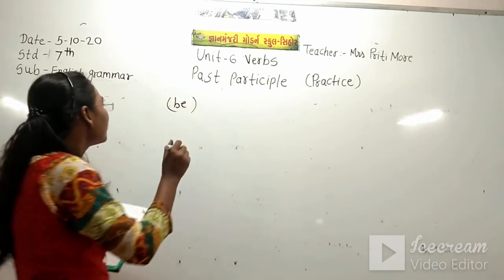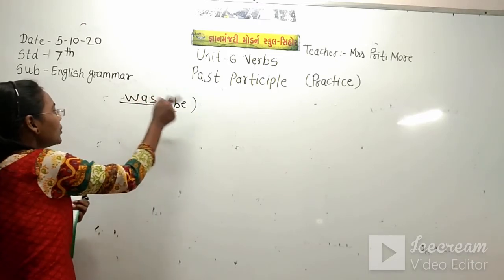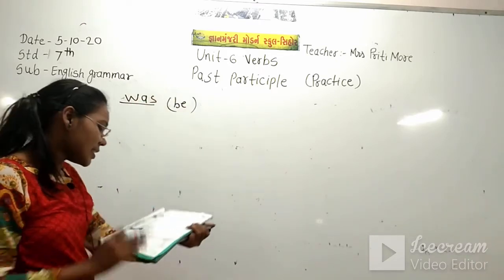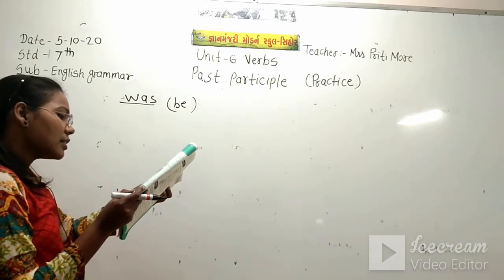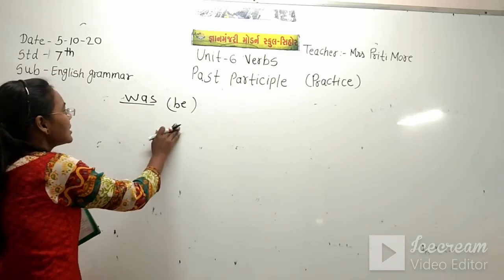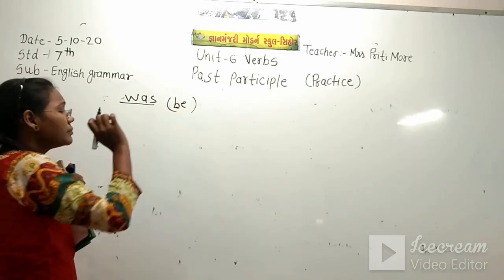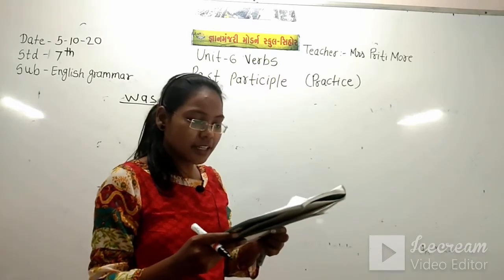So before be we just have to write the second form of be, is was. The second form of be is was and third form is been. So be, was, been. So here the first sentence is already done.